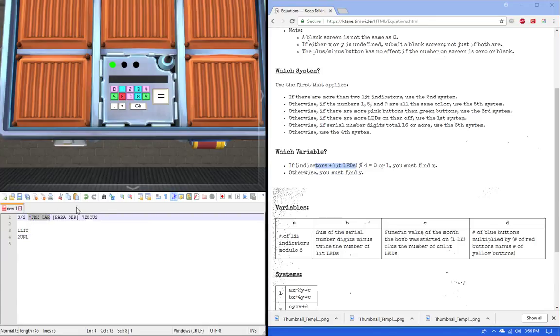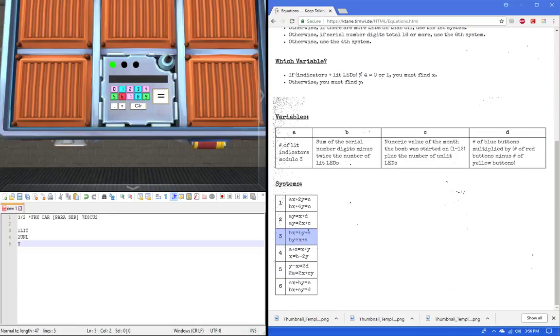Number of indicators: you have 2 indicators plus number of lit LEDs. That's going to be 3. So 3 modulo 4 is 3, which is going to be Y, what we have to find. Using the third system, we need it set equal, so the X's equal each other.